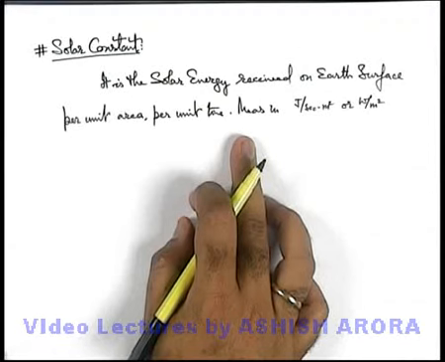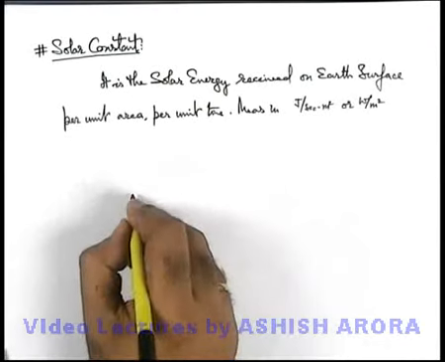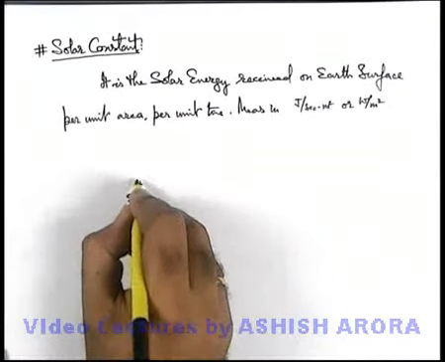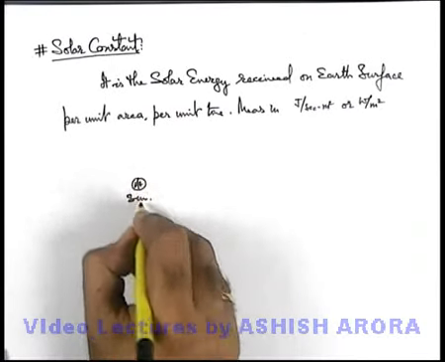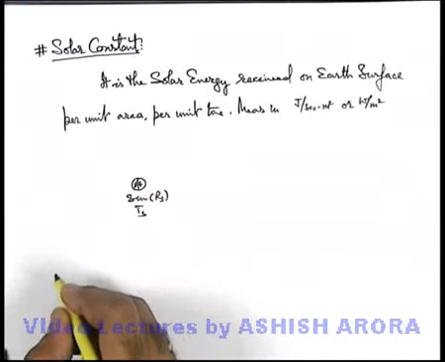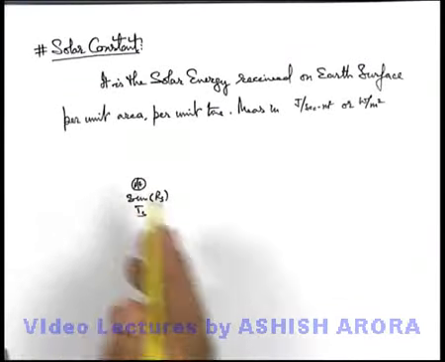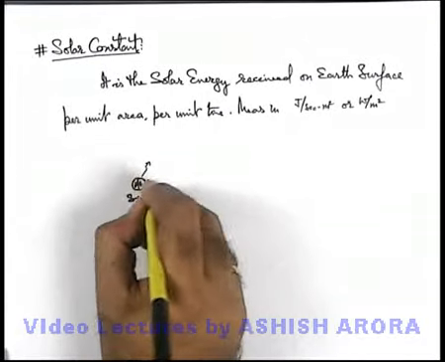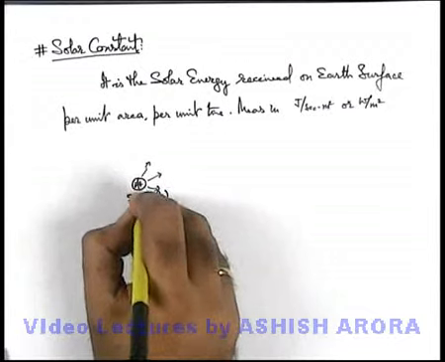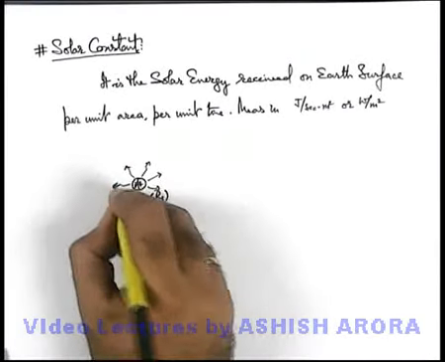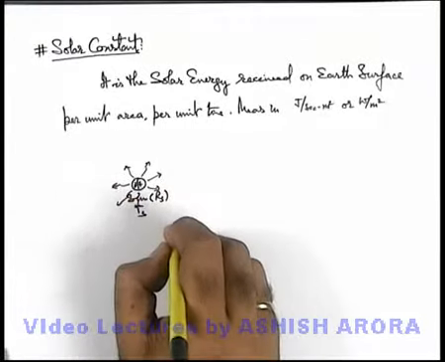If we just analyze the situation, say this is the sun, and say the radius of the sun we can consider as Rs, and its temperature is Ts. If we treat the sun as a perfectly black body, it is emitting solar energy in its surroundings. You can consider that it is emitting energy in complete three-dimensional space uniformly.